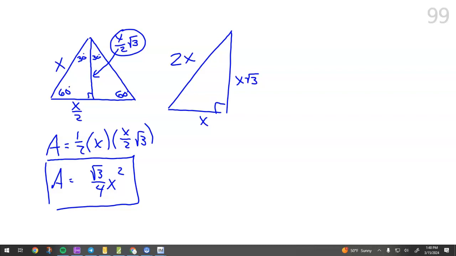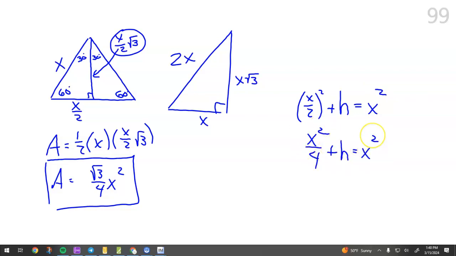Do you want me to, or are you asking if it's possible? Okay. So it'd be x over 2 squared plus h squared equals x squared. So x squared over 4 plus h squared equals x squared.